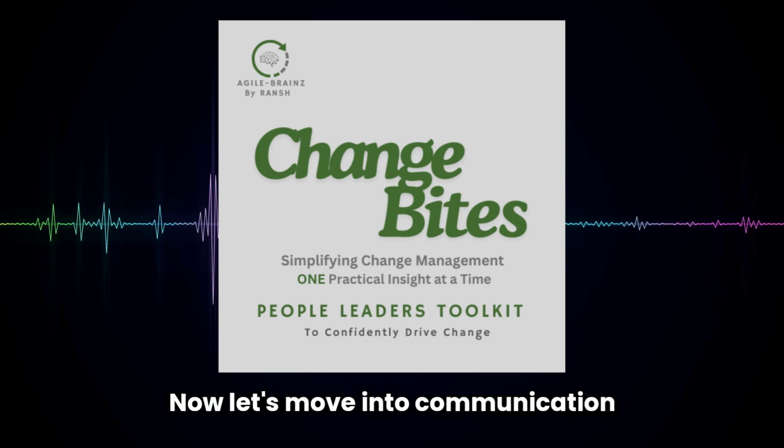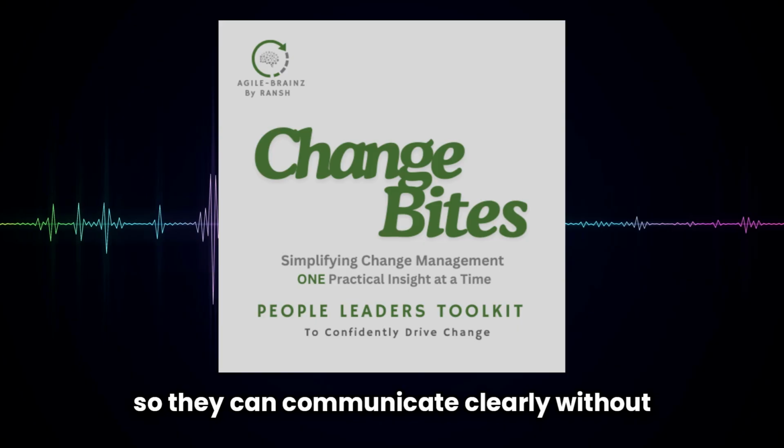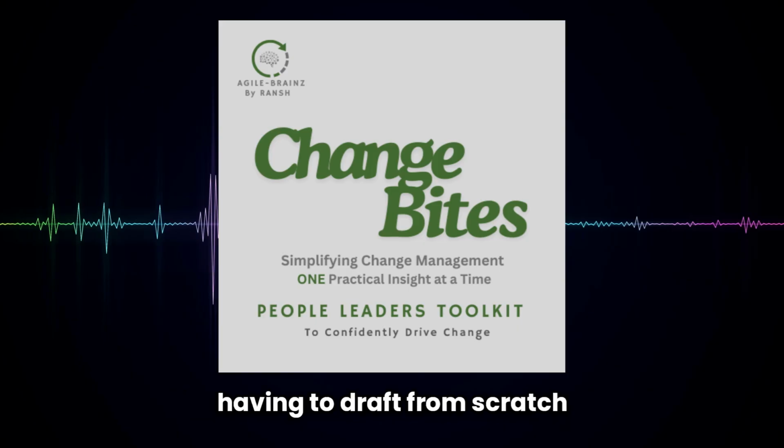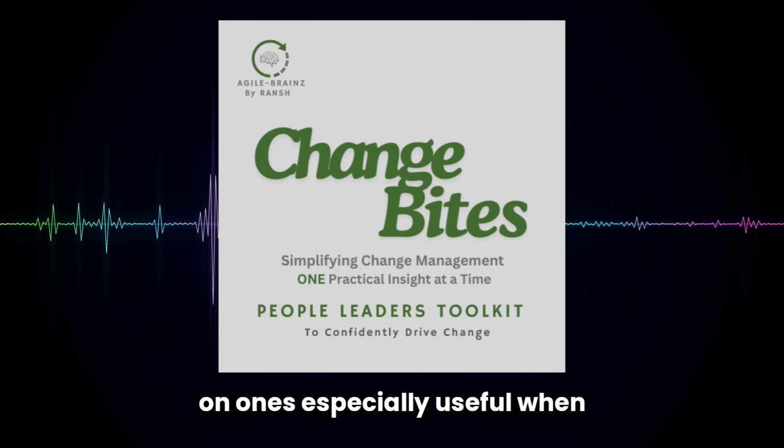Now, let's move into communication tools and templates. This section gives leaders ready-made resources to save time and reduce guesswork. Start with message templates so they can communicate clearly without having to draft from scratch. Add talking points for team meetings or one-on-ones, especially useful when introducing the change.